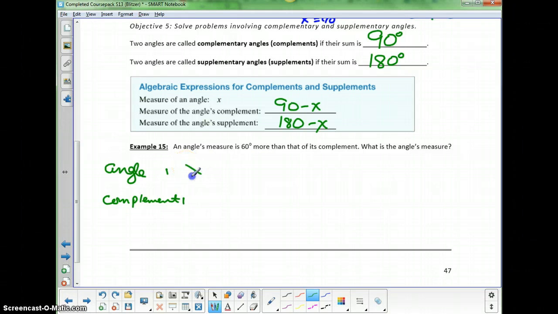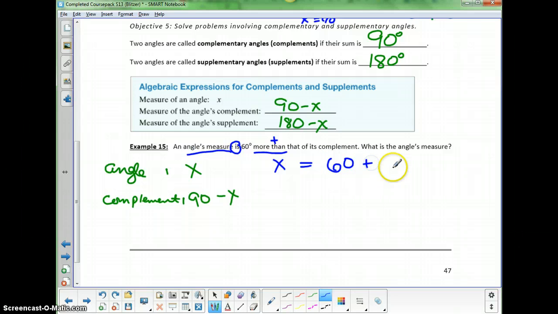So let's let the angle be x. The complement is 90 minus x. Let's go about setting this up. The angle's measure is, that's an equals word, so the angle's measure is x, is 60 degrees more than. More than is an addition phrase, so 60 plus the measure of the complement, which is 90 minus x.